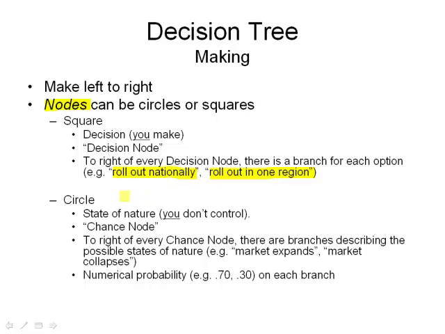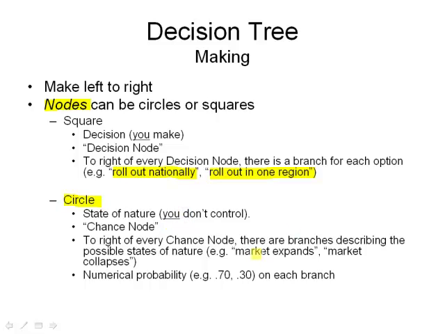As the problem suggested, we've also got situations where we don't know what's going to happen in the future, where a future state of nature is subject to chance. And we indicate those with circles. Circles are called chance nodes, and these indicate circumstances that we don't control.